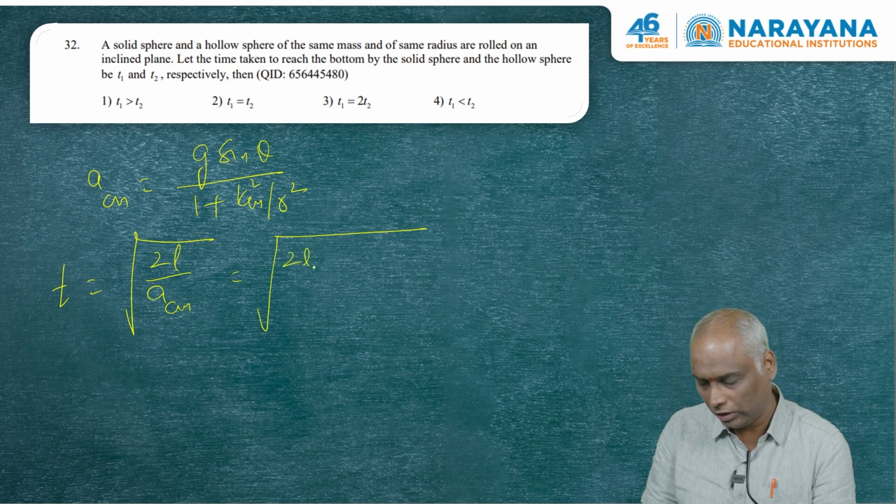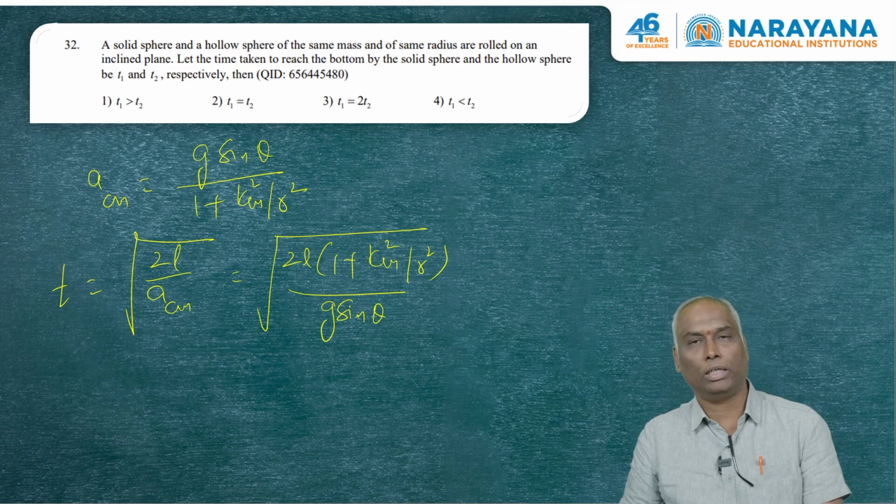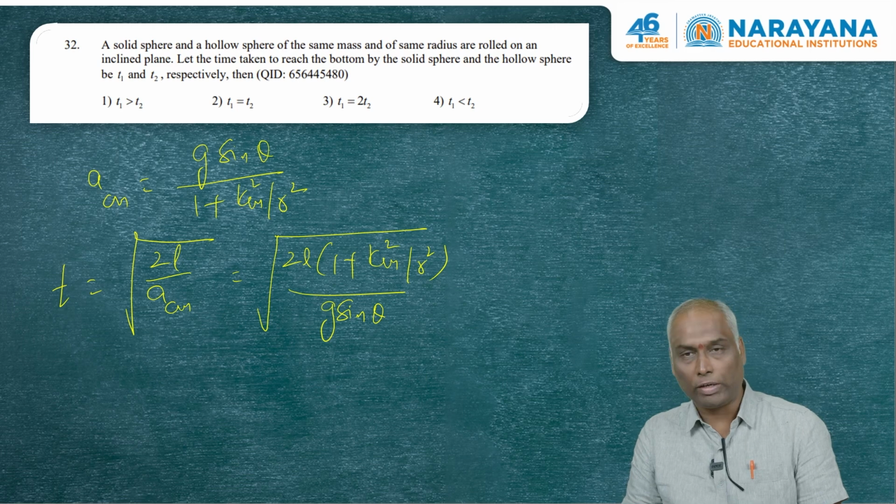So we get this equation as 2L into 1 plus kcm square by r square whole divided by g sine theta. And we know that for both these objects, the solid sphere and the hollow sphere, we are rolling them on the same inclined plane, so L and theta are going to be the same, and the radius also is going to be the same. So the time will depend on the radius of gyration.